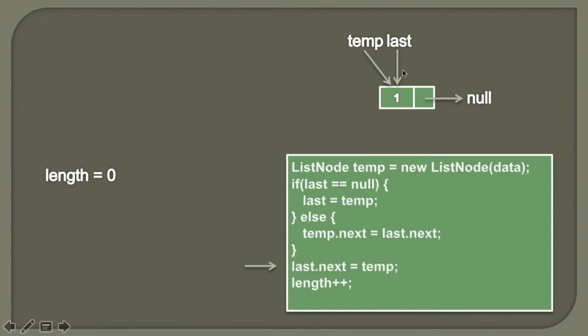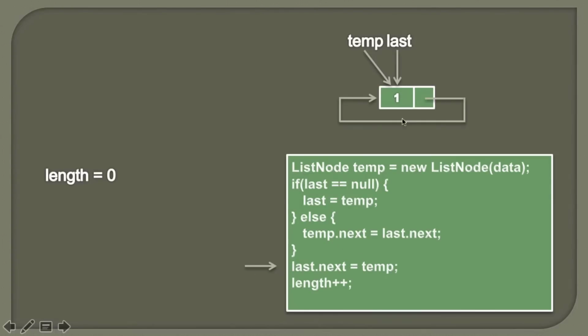So in order to do that, what we are doing is we are assigning last dot next the value of the node itself. And here we know that temp is pointing to this particular node. So it looks something like this. So this link is gone, and then it will refer to itself because temp is pointing to this node only.